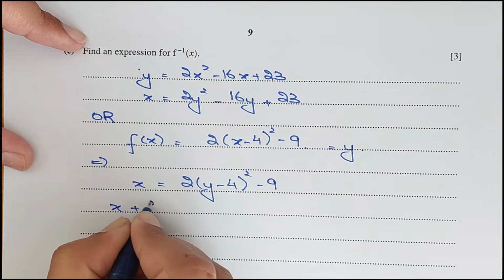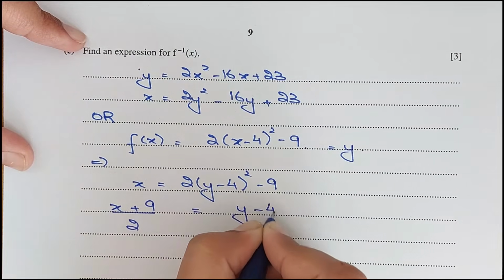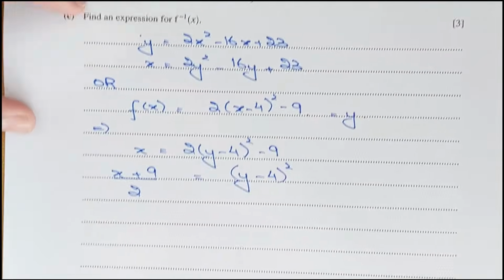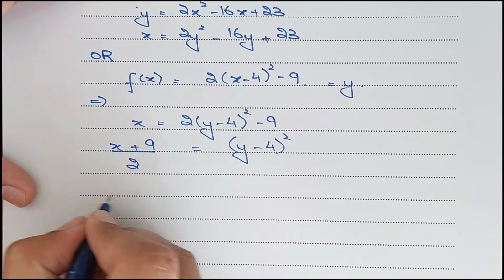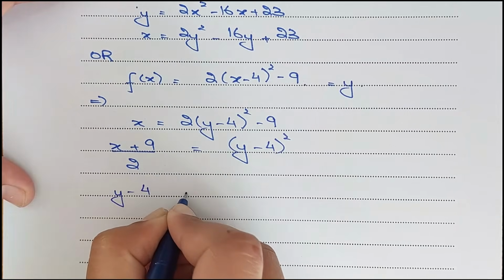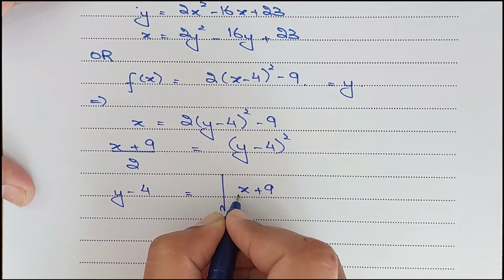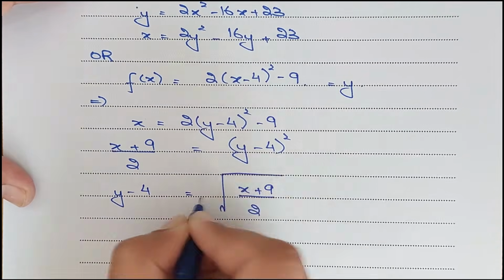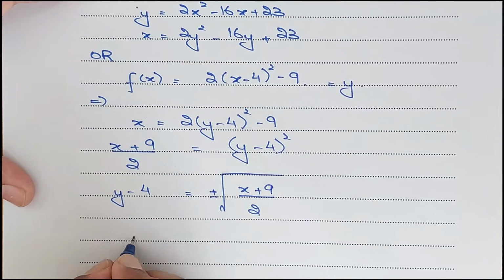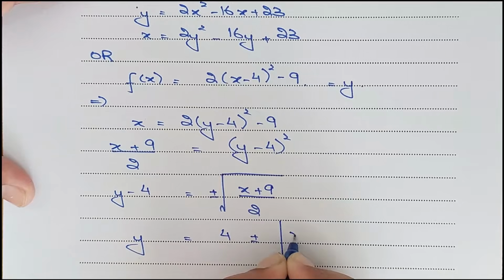So (x plus 9) divided by 2 is (y minus 4) whole square. To get rid of the square, we take the square root on both sides. We can say y minus 4 is the square root of (x plus 9) divided by 2, with a plus minus sign. So y equals 4 plus minus square root of (x plus 9) divided by 2.